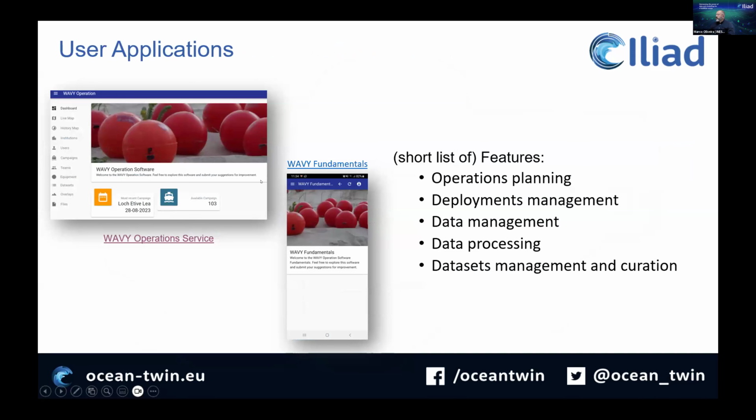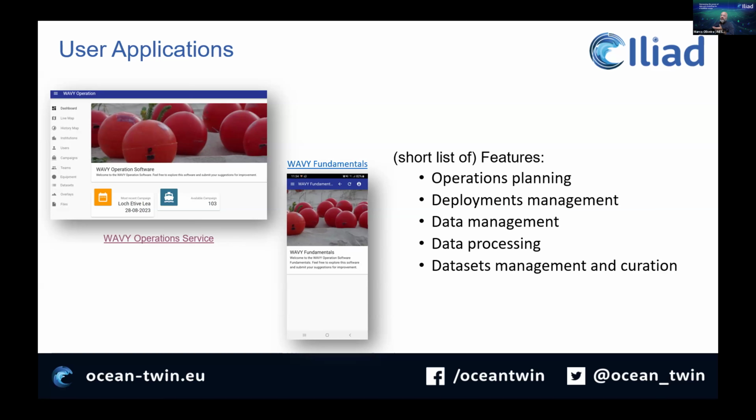In terms of the system itself, we do have one software that we call Wavy operation software that allows us to manage the deployments and the campaigns. The data sets that are collected after each campaign can also be stored here. We have mobile applications. One, for example, is the Wavy fundamentals.